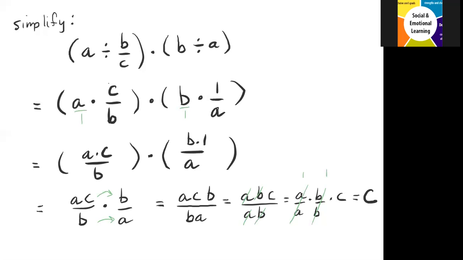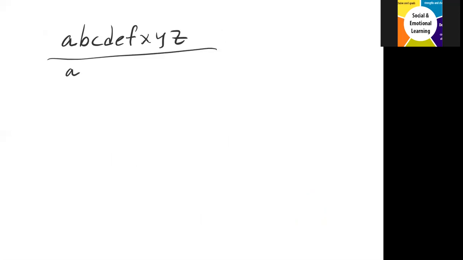So when you have any sort of fraction, if you have A, B, C, D, E, F, X, Y, Z all over A, C, F, Y, Z, we can say we've got a lot of factors in the numerator that we had in the denominator, so we don't need to have all of those.